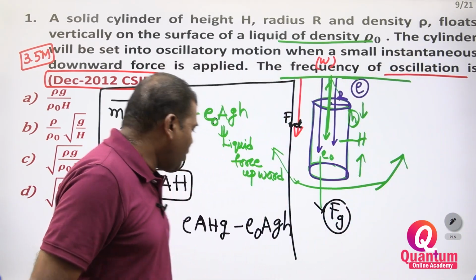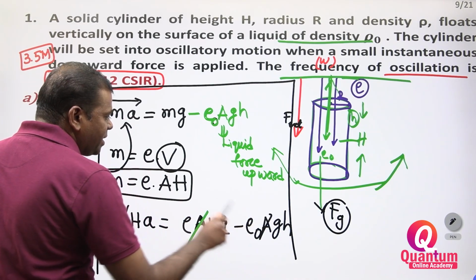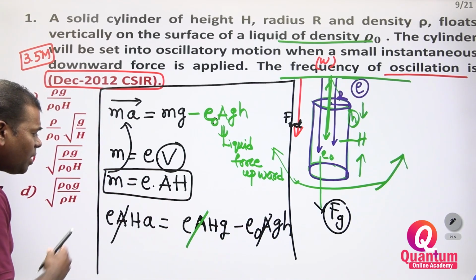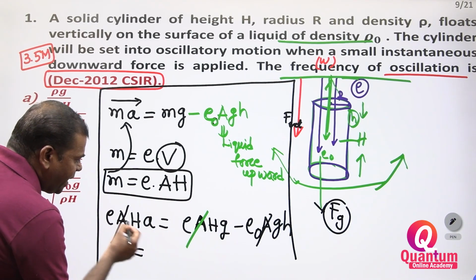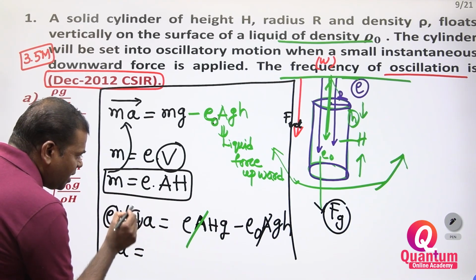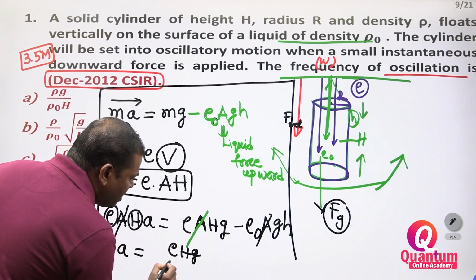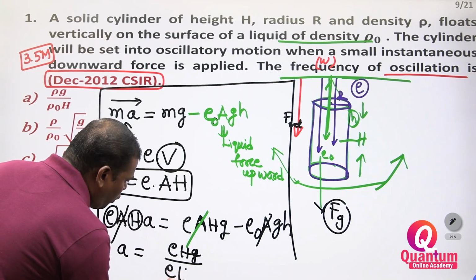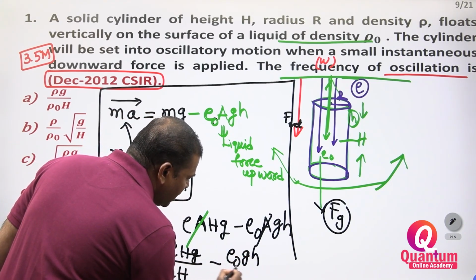From this you get the cancelling, A is there, you cancel it. Next, a is equal to rho A h g divided by rho A h minus rho naught g h divided by rho h.